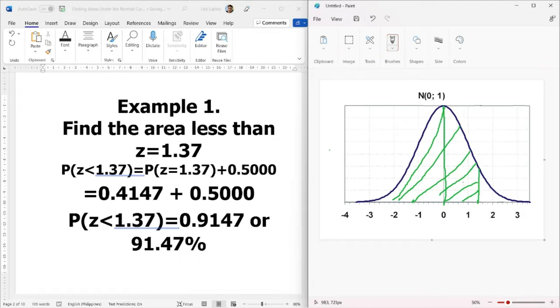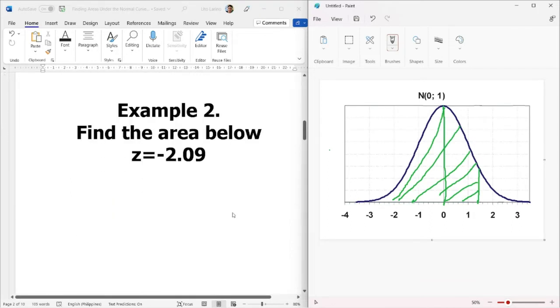We determine that by summing up the one half of the area of the normal curve, which is 0.5000, or 50%, plus the area when the z-score is 1.37, and we got 0.9147 or 91.47%. Let's have our example number 2.